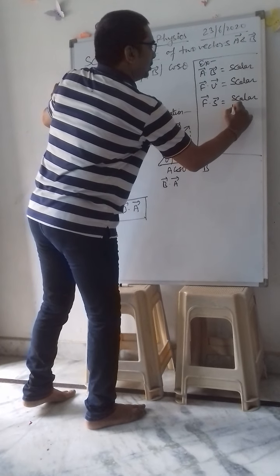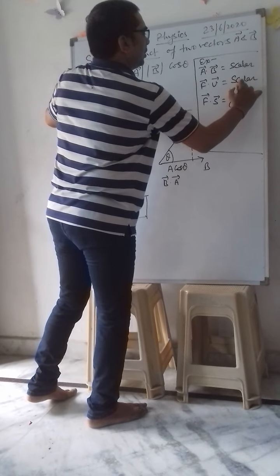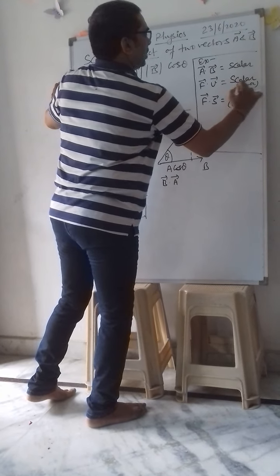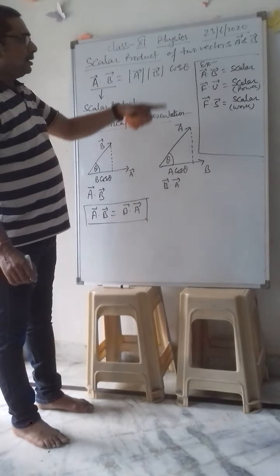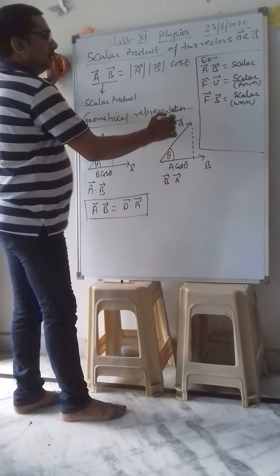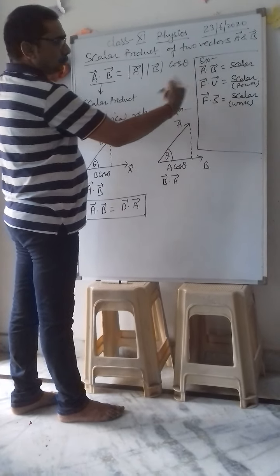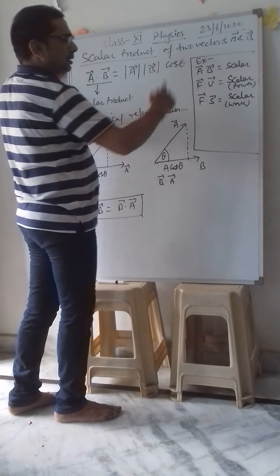What is this? This is the work done, and F dot V is the power. What is this? It is a scalar. We can take some more examples. The product of two vectors, a scalar product, is always scalar.